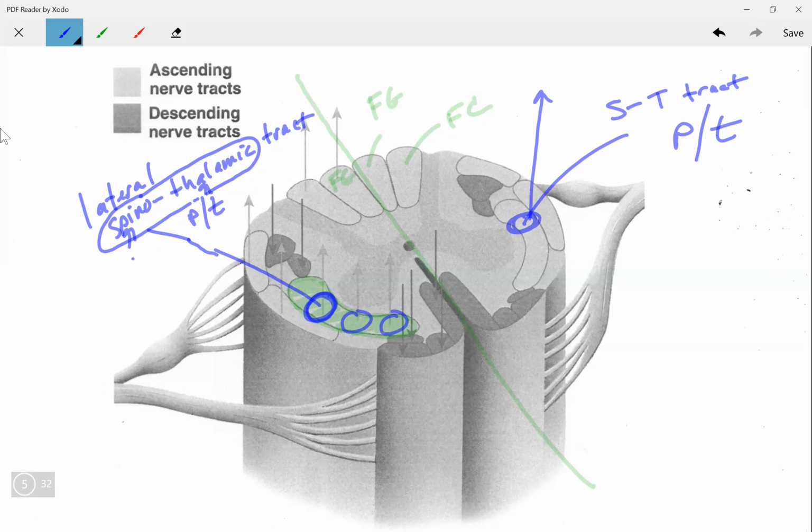Okay, the next one right here, that is the spinotectal tract.